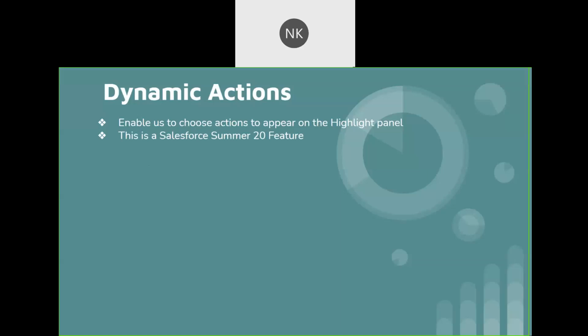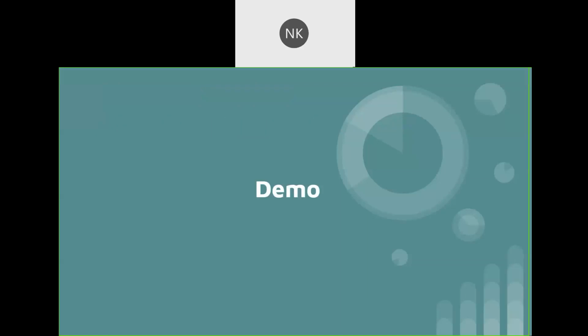So rather than making a change in our page layout, you can directly configure the actions in the Lightning app builder, which will save a lot of time and effort for our admins. So we'll get into our demo and see how to enable the dynamic actions.